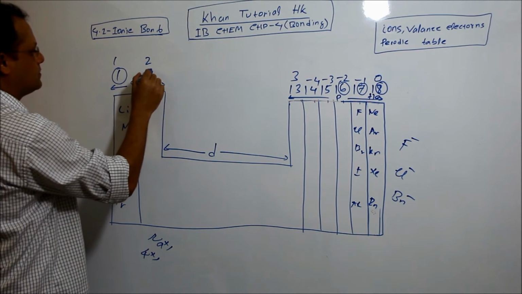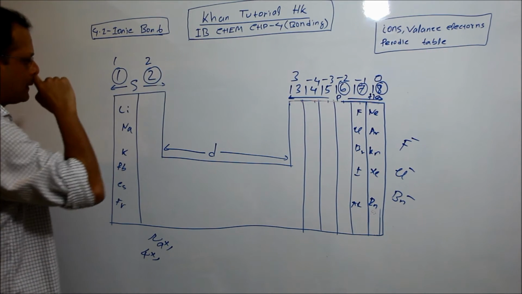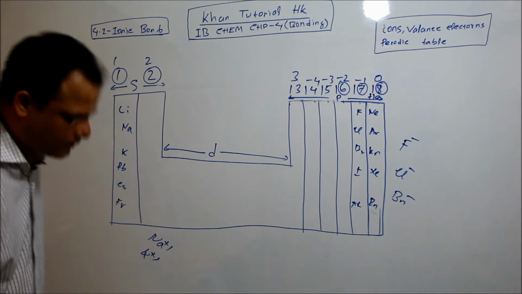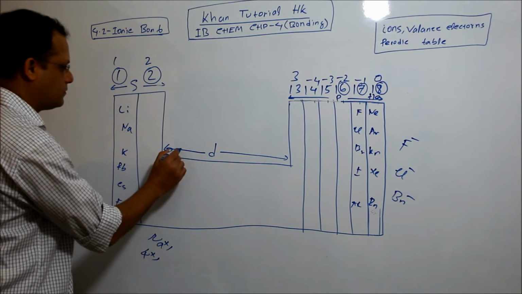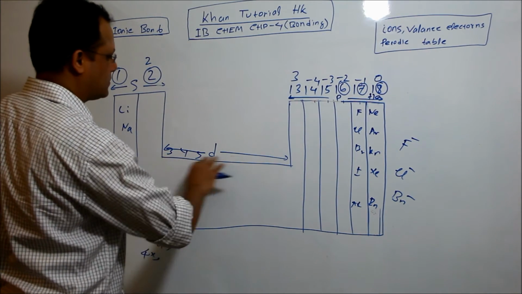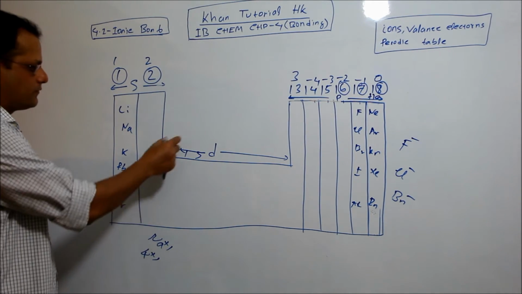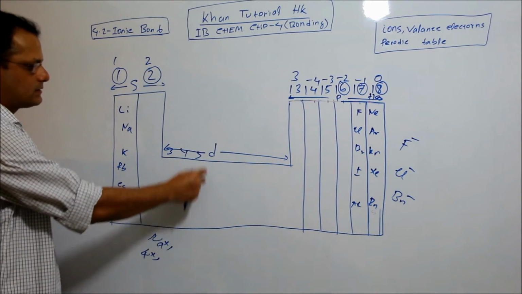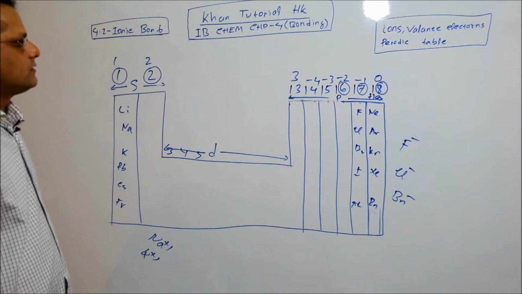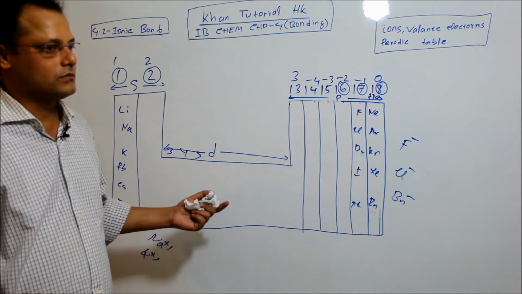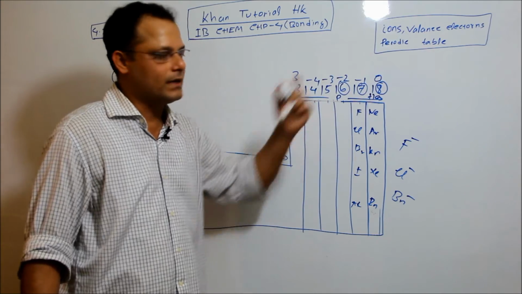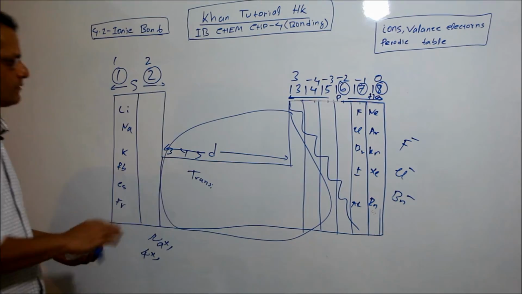Group number 2, they have 2 electrons. And group 3, group 4, group 5 and so on have 3, 4, 5 electrons in the outermost shell. So that's the shortcut to know how many valence electrons an atom has.